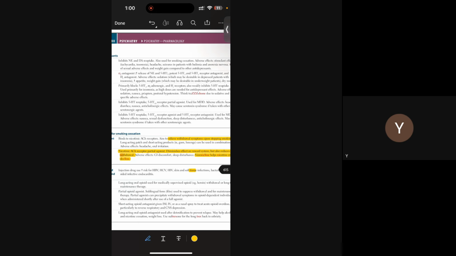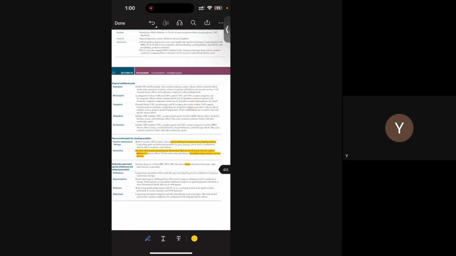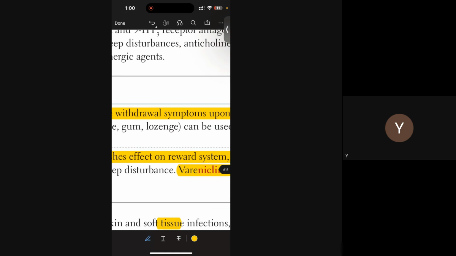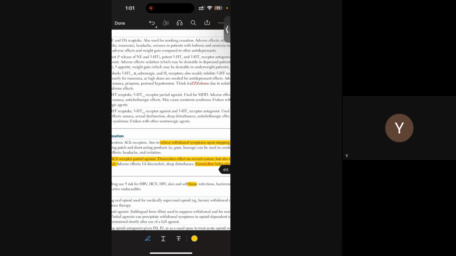It's like smoking without smoke. Yes, the nicotine patch is like giving nicotine without smoke. So the reward is getting less with that other drug. Yes, that is the difference. The reward is also getting less, and it is a partial agonist, and it is not nicotine.